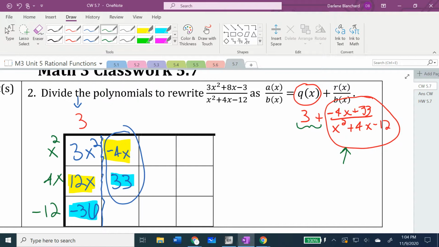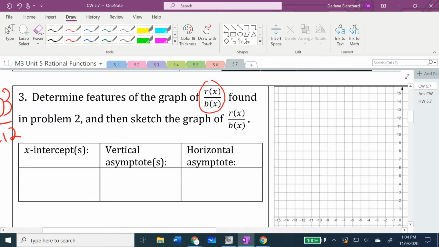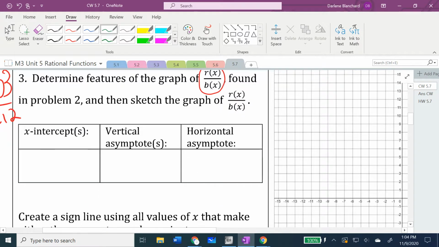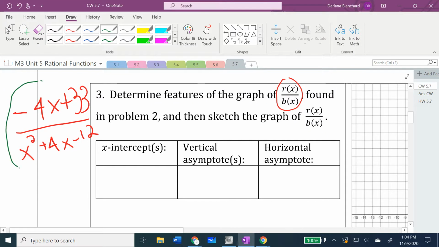What does that mean as its horizontal asymptote? The horizontal asymptote of just this function is 0. And again, it's because the numerator degree is less than the denominator degree.